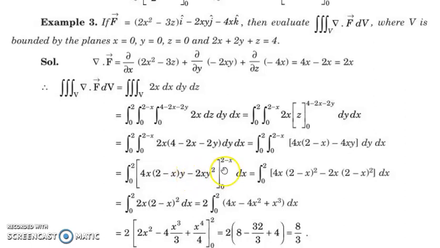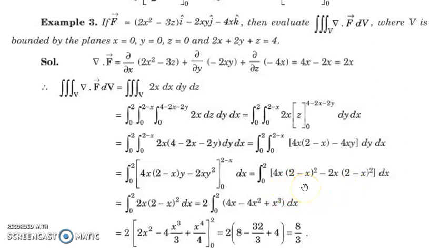square. Now applying the limits for y from 0 to 2 minus x, we will get the integral from 0 to 2 of 4x into (2 minus x) whole square minus 2x into (2 minus x) whole square, dx. And (2 minus x) whole square is common.